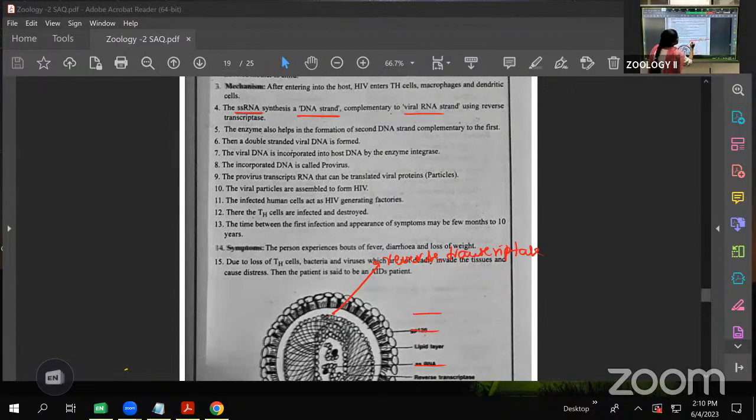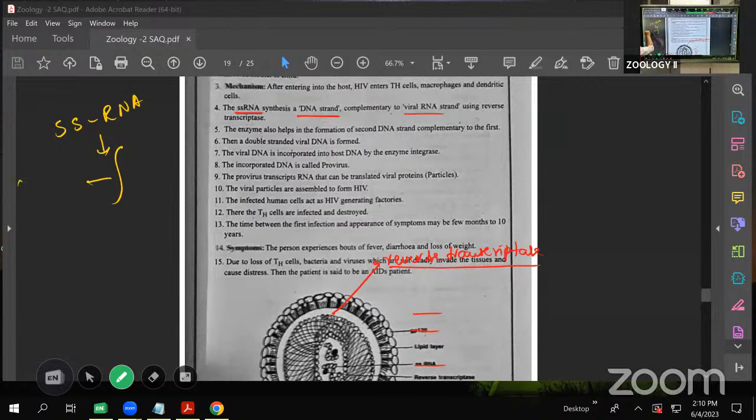Using which enzyme? The reverse transcriptase enzyme. With the help of the reverse transcriptase enzyme, the ssRNA synthesizes the first strand. One DNA strand is formed inside the human, complementary to the viral RNA.